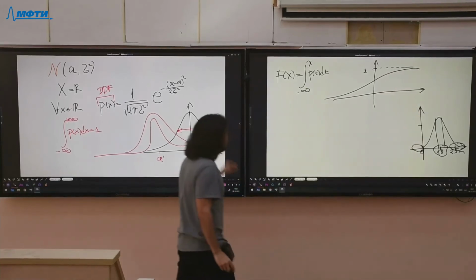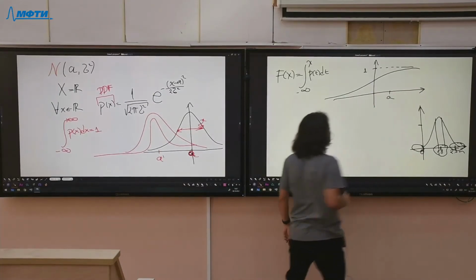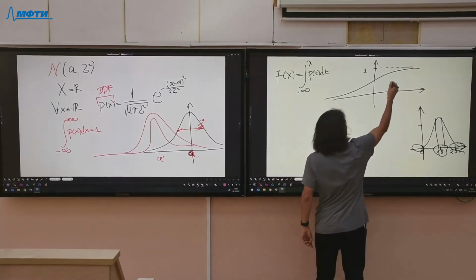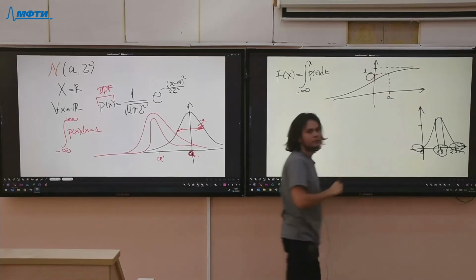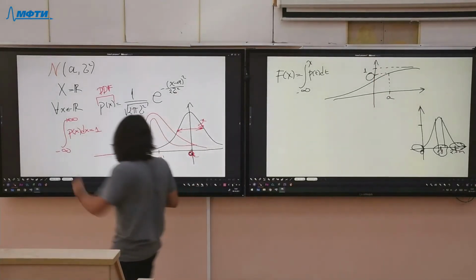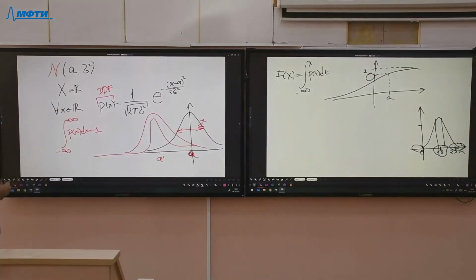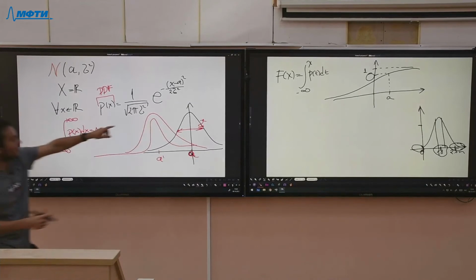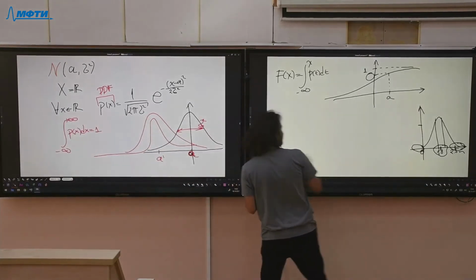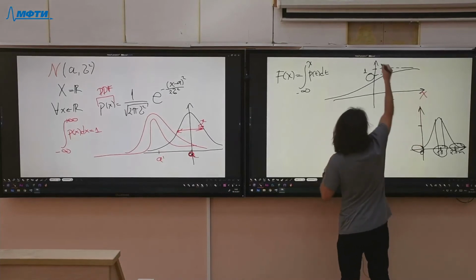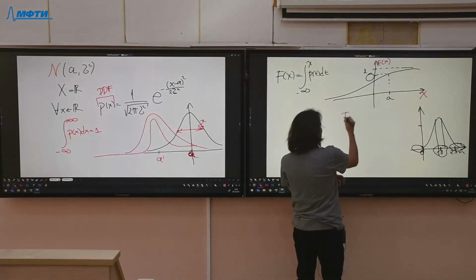But at point A, what should I write here? You can tell me. Do you get the idea? This is X, this is the CDF, right? So what is F of A?